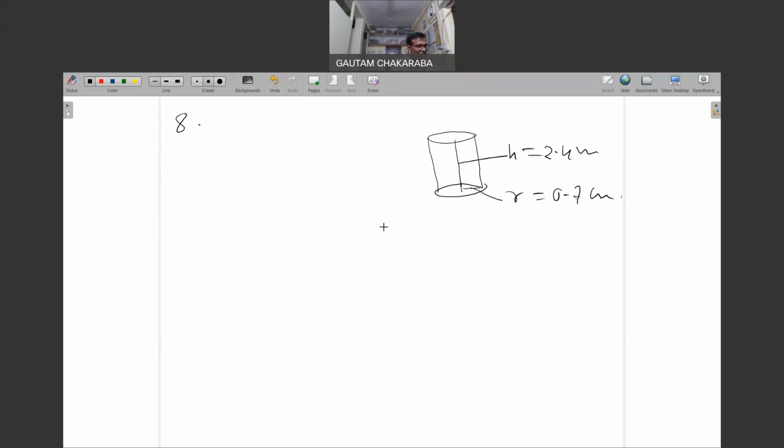A conical cavity of the same height and same diameter is hollowed out. So that means same height and same conical cavity hollowed out. Hollowed out means this portion of solid material is removed. Only this portion is empty.